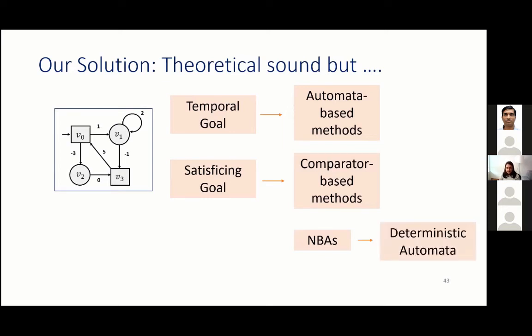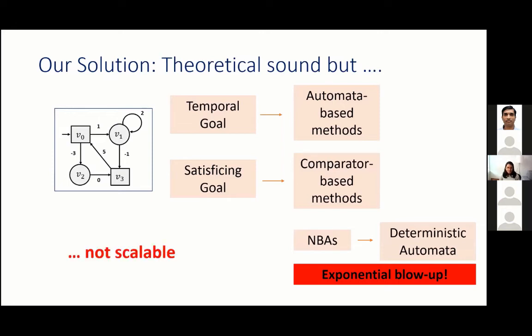So we can construct a deterministic form of it and then combine this deterministic comparator with the automaton for the temporal goal. The problem is this leads to an exponential blow up in the size of the comparator, and that makes the algorithm extremely non-scalable. Because if you're starting with a comparator with a mu square number of states, the deterministic automaton will necessarily have an exponential number of states in the value of mu.